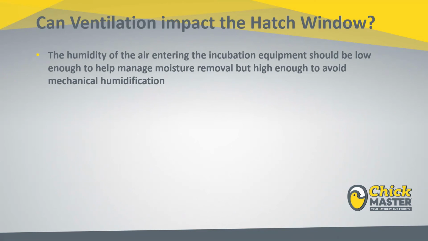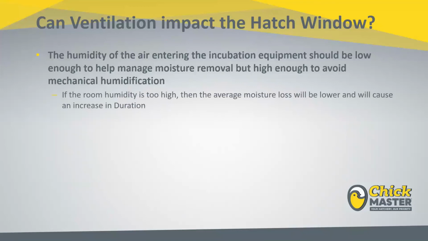They're fixing mechanical systems inside of the hatchery to make sure the room humidity system is operating and machine humidification systems are functioning correctly. But again, those are situations where we're trying to avoid having a low humidity condition in a room so we don't have the mechanical humidification that occurs in the machine.